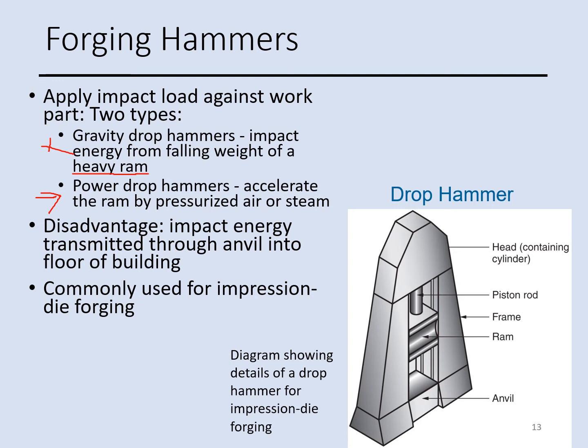And this is the schematic of the drop hammer, different parts of it. You see, this part is the ram, which goes up and down, and we have a piston here, and this is the anvil where the part is going to be located, and then it's going to be compressed between the ram and anvil.